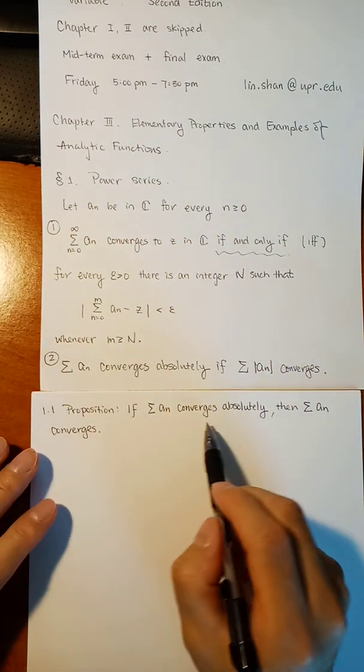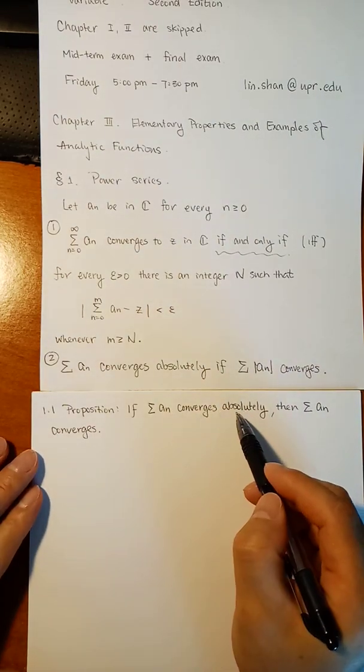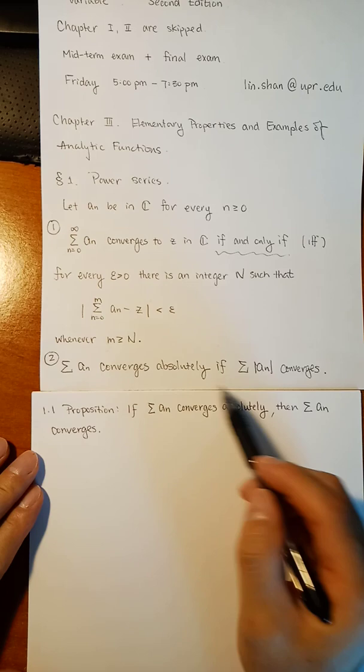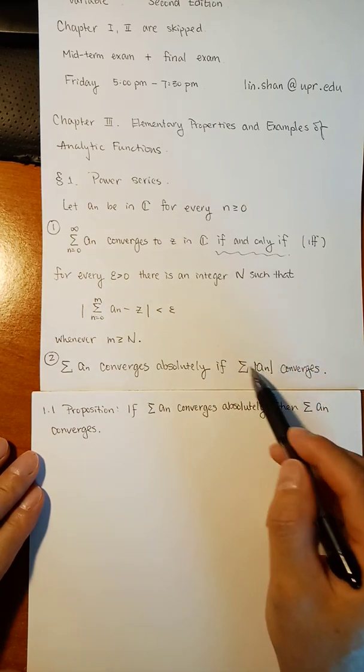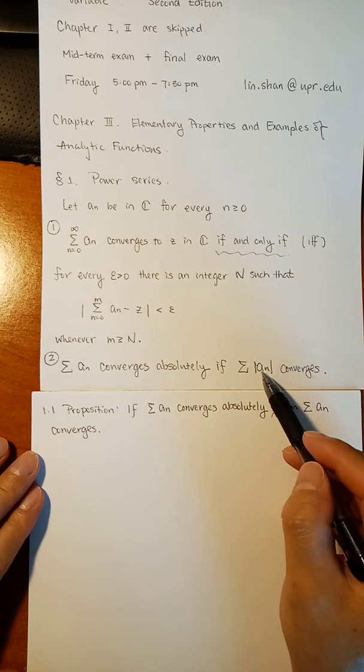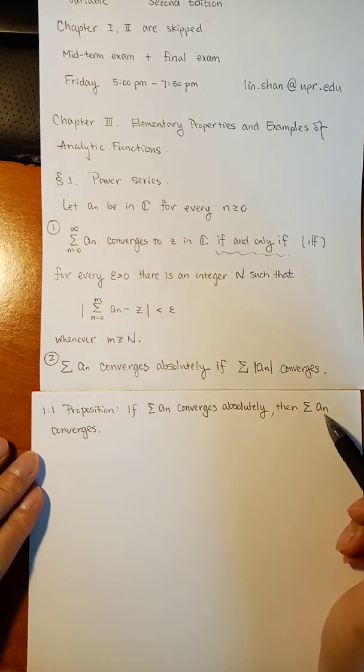So if you already know the series converges absolutely, remember that absolute convergence means another series converges. So it basically says if this series with absolute value converges, then the series without absolute value converges.